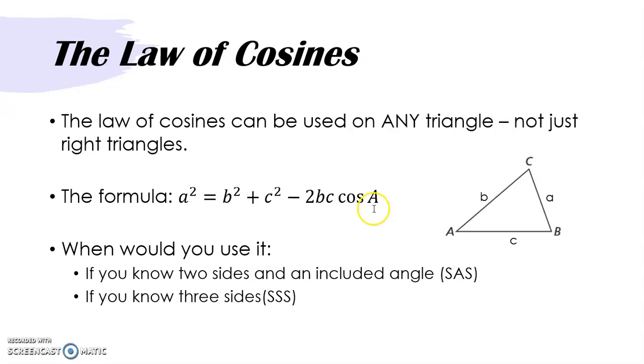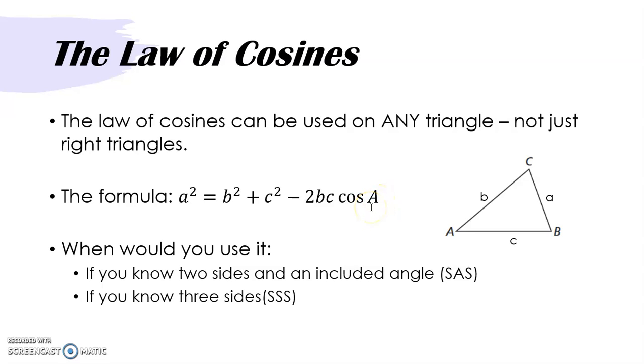Now in this formula, you'll notice it almost looks like the Pythagorean theorem: A squared equals B squared plus C squared. But notice we have this minus sign here, so it's minus 2 times these 2 sides, B and C, and then the cosine of our angle measure.